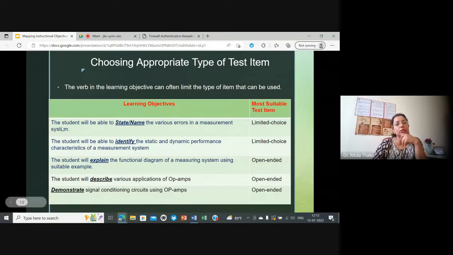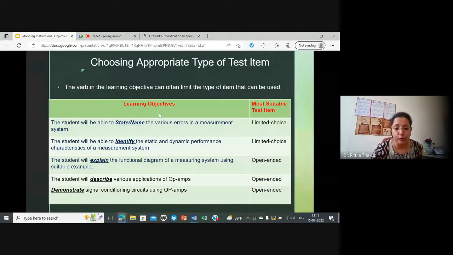For example, one of the learning objectives was the student will be able to state or name the various errors in a measurement system. So here again, the most suitable test item will be limited choice. The student has a limited choice because the names of various errors are already defined, and the student has to name or state the various errors.